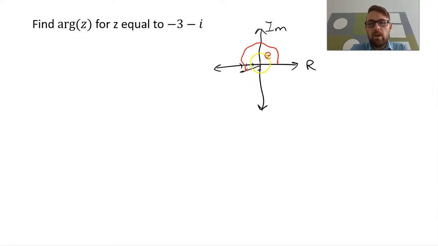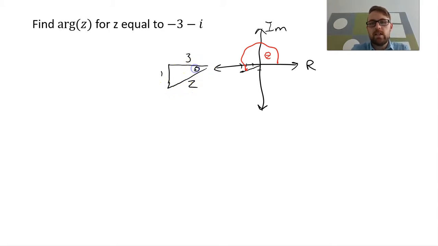What we're going to do is look at this angle here, because we know it's 180 degrees from the real all the way to the negative real axis, and then we've got this extra little bit. If we zoom in on that little bit there, it goes down 1, that -i, and across 3. So that's 1, that's 3, and that is our z.